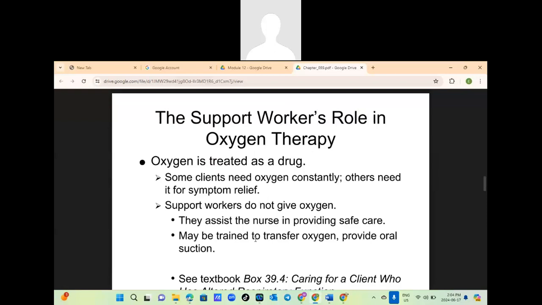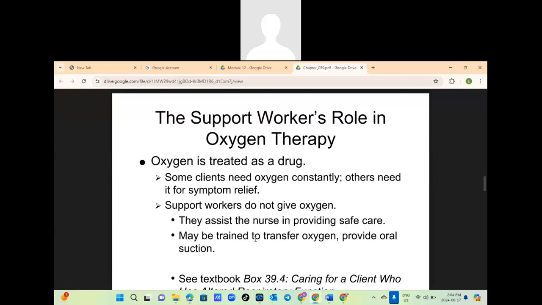It was given 15 minutes ago and still is not working. Can you please assess? The doctor will prescribe 1 to 6 liters, either nasal prong or mask, to maintain saturation at or above 95%.